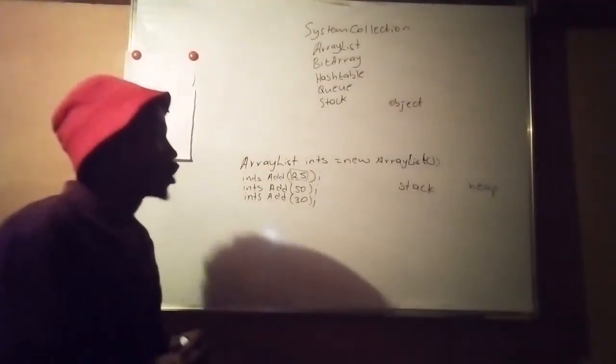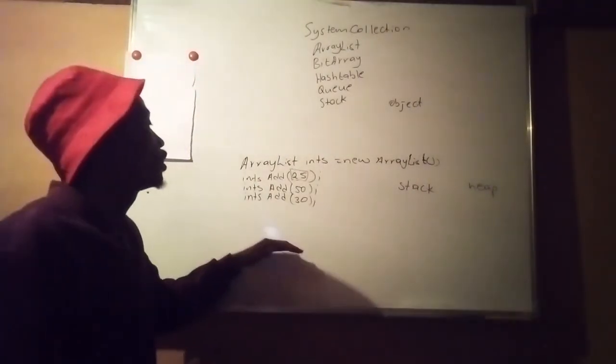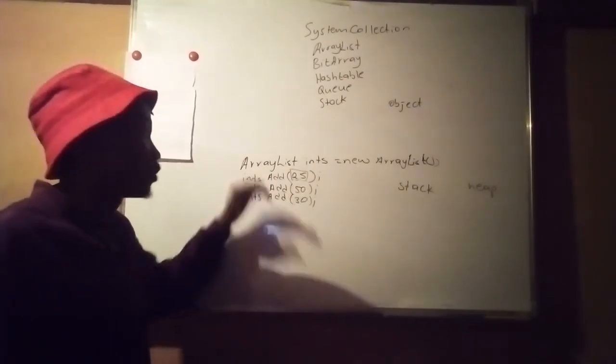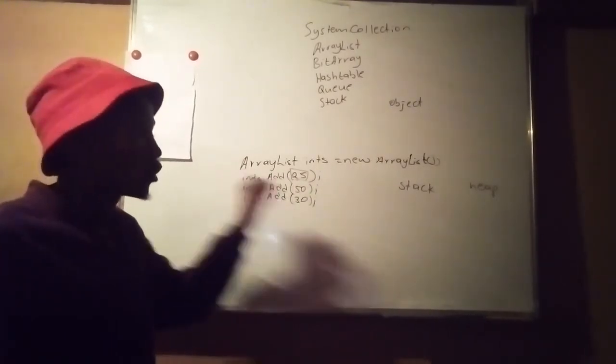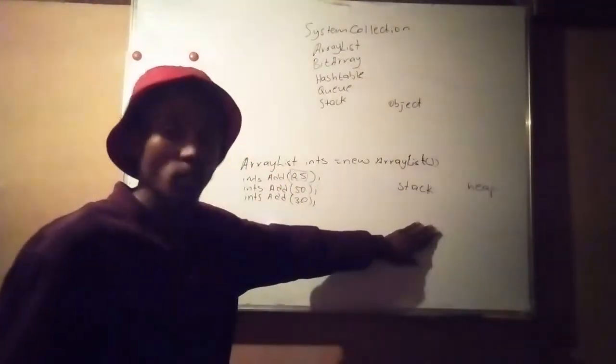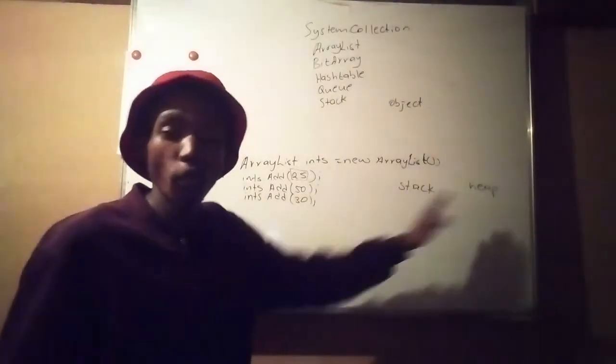Cool. So now when you want to pull that data, let's say you want to process these integers that you have put there. Remember, they are stored on the heap memory. Though they could actually be stored on the stack memory, they're transferred to the heap memory using boxing.